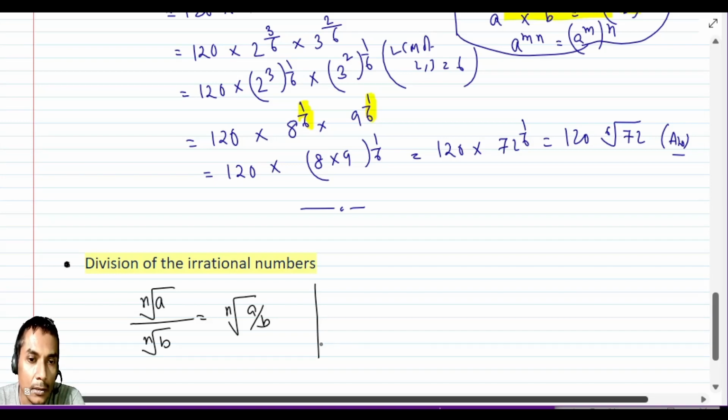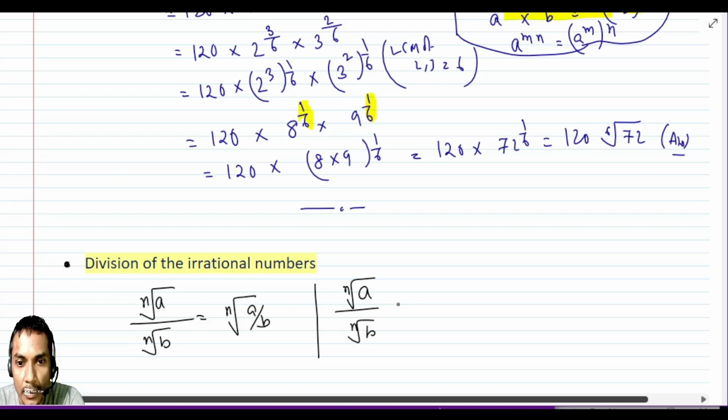You can apply this rule the other way, that is to think of the n-th root of a and the n-th root of b as a to the power 1 by n and b to the power 1 by n.